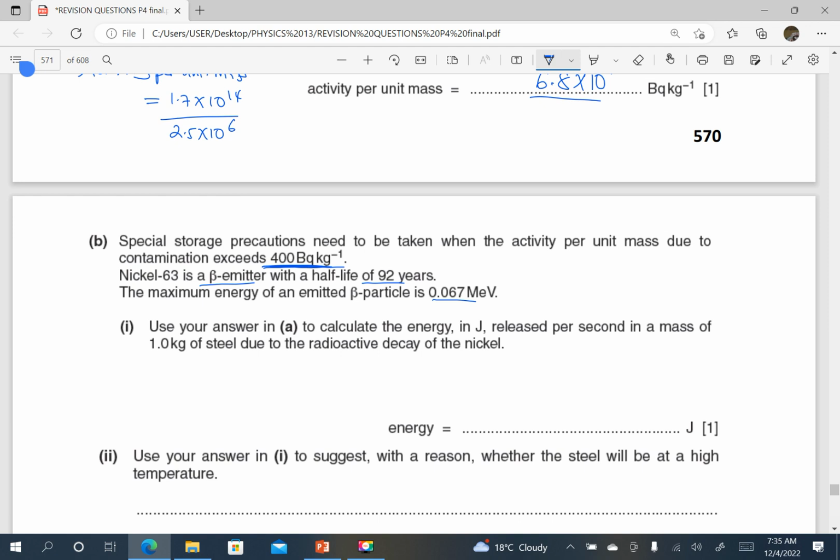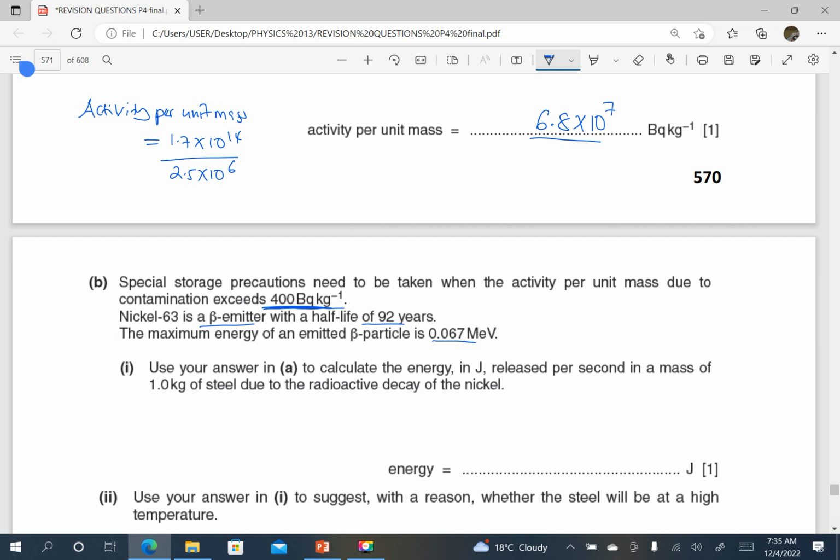In A, we got the activity of steel per kilogram. So how much energy is actually released? When we say the activity is 6.8 times 10 power 7 becquerels per kilogram, we mean that 1 kilogram is going to release 6.8 times 10 power 7 nuclei or particles per second.